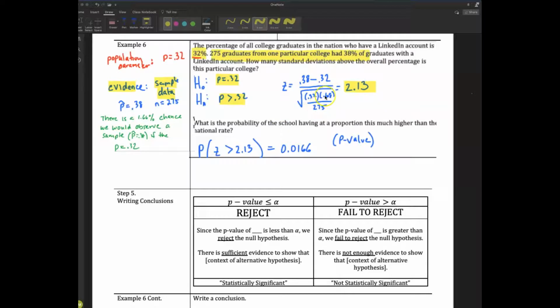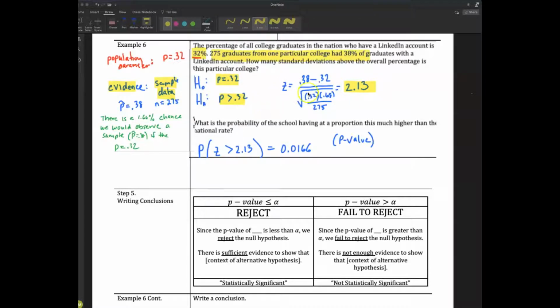And see, I can calculate that there. But we see that the null and alternative hypothesis in this case is that the proportion of graduates is 32. And we're going to check to see if it's greater than 32. We have some sample data, and this data, from this college, is 38%.